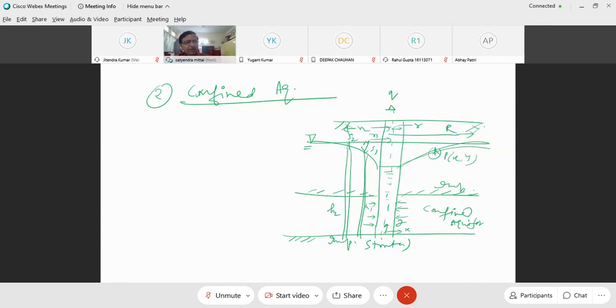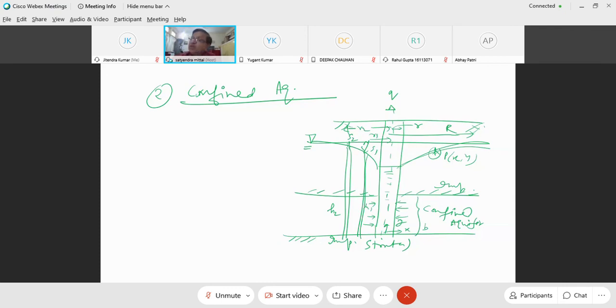The derivation is almost the same. The only difference is the thickness of this confined aquifer, small b. As I said some 10 minutes back, I will explain this b later on. B is called the thickness of the confined aquifer.